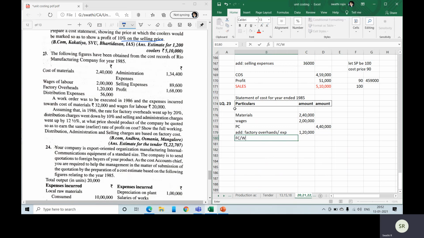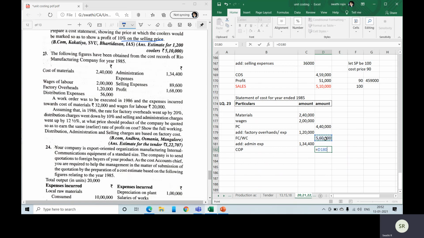That's our factory cost or works cost. That is going to be 4,40,000 plus this much. Then I'll add my office, or out here it is given as administration. Administration expenditure is nothing but 1,04,000, and which will give me my cost of production.